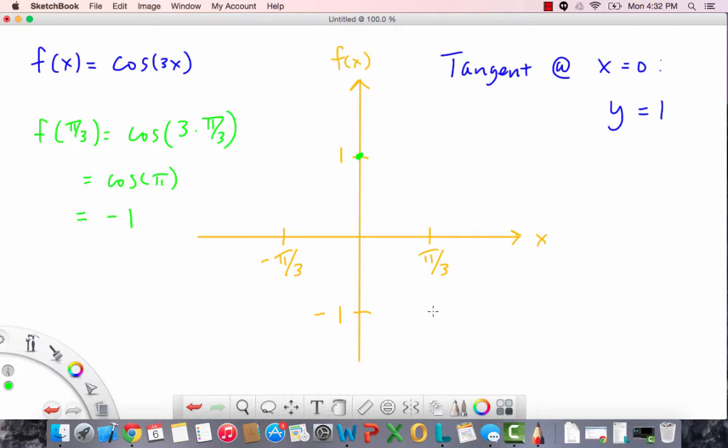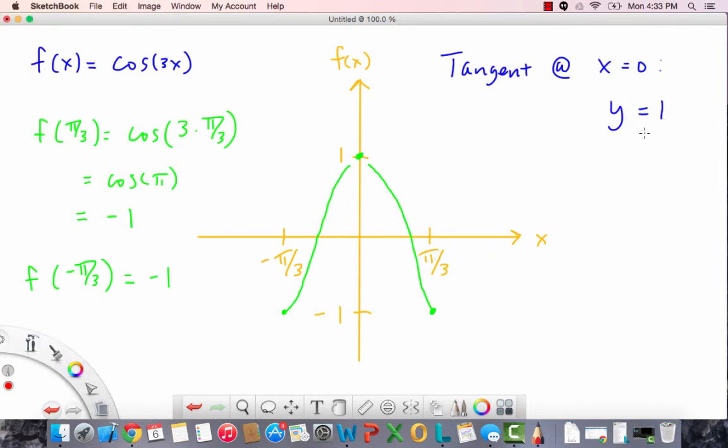So we have a point here, and f of negative pi over 3, we could go through this, but cosine is an even function, so we know that this is going to be negative 1 as well. Even functions are symmetric about the y-axis, so this function, at least in this region, is going to look something like that.